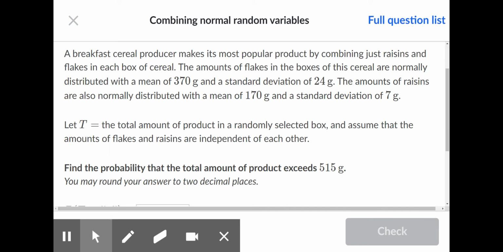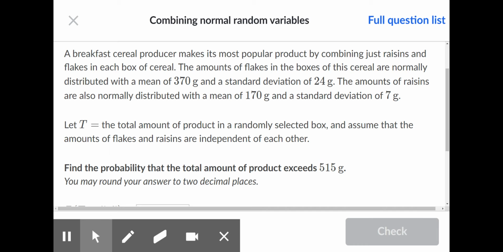In order to find the probability of a normal distribution, we need the normal CDF, where we need four things. First is your lower bound. It's best to draw a graph like this, because you can easily tell the lower bound is 515, the shaded area.